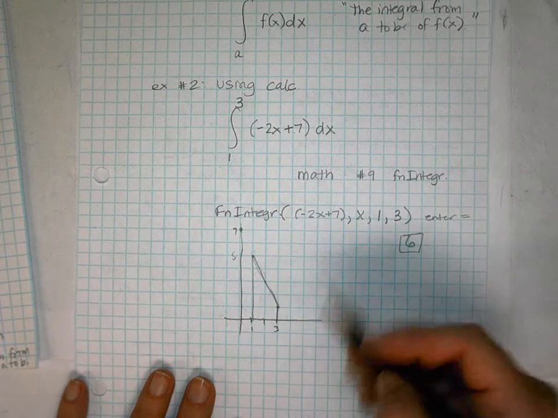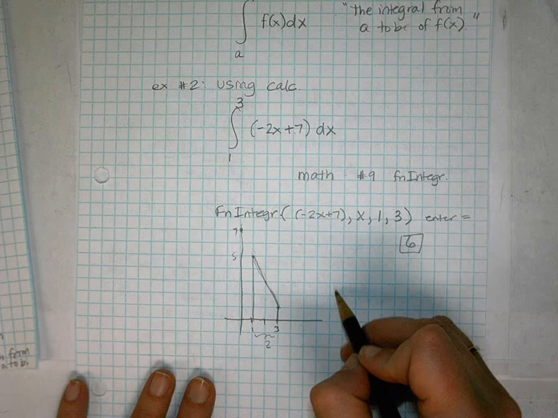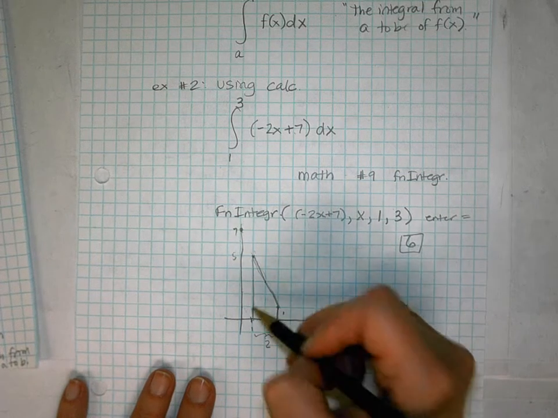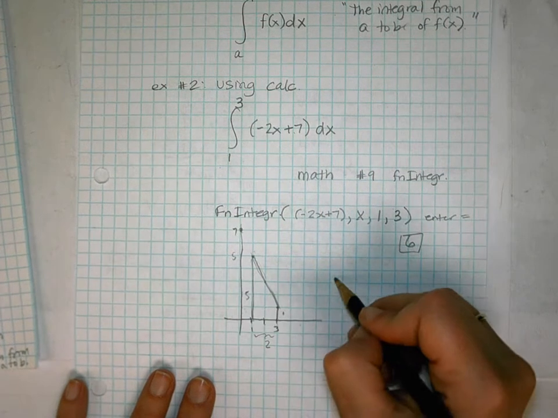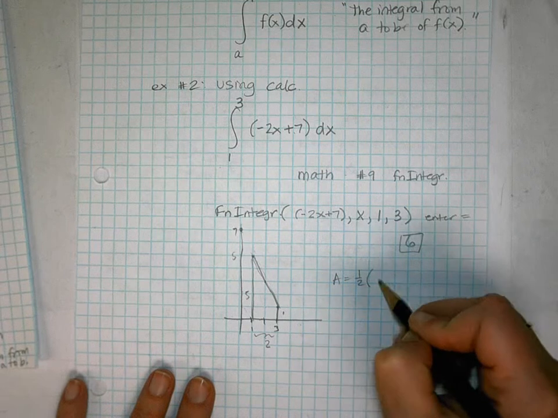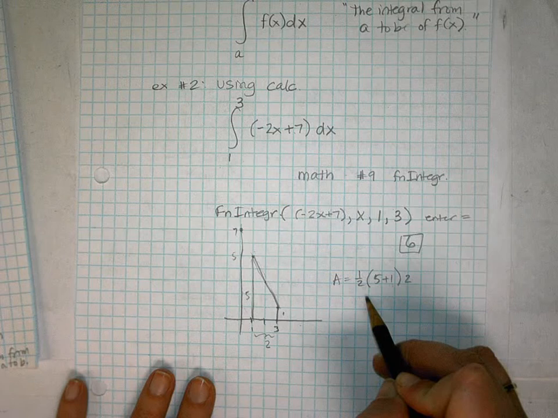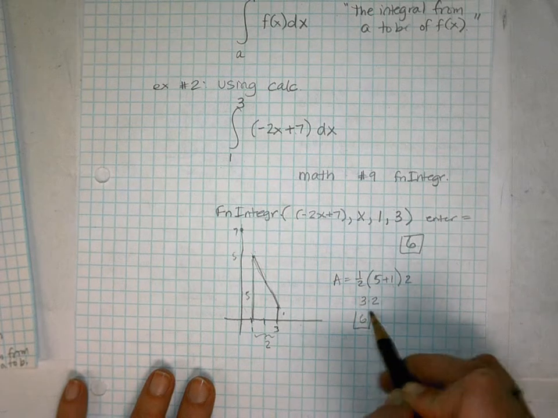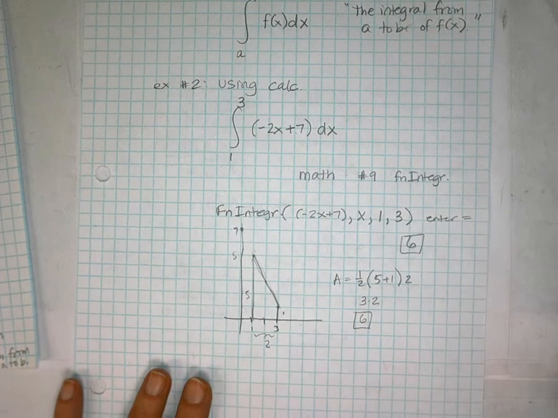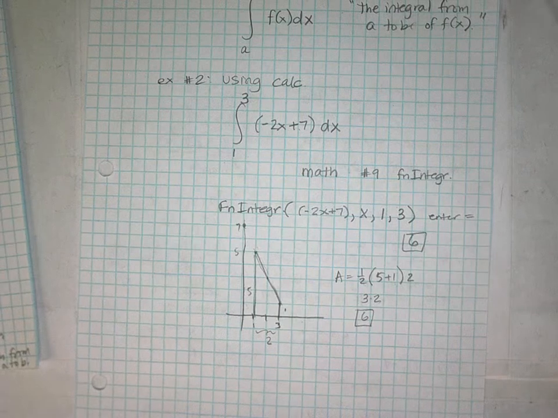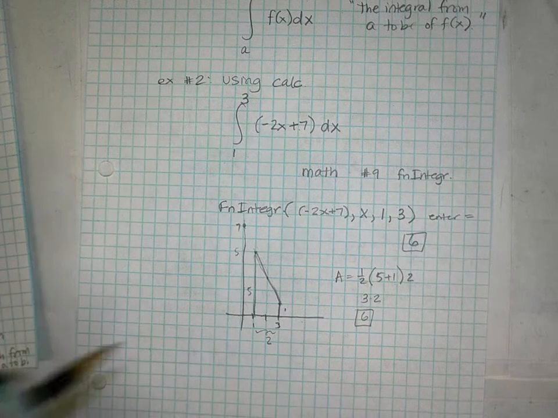Well, this is a trapezoid. I know this base is 2, this is 1, and this height is 5. So the area of a trapezoid is 1/2 my bases added together times the height. So I've got 1/2 times 6 times 2, which is 6. And there you go.